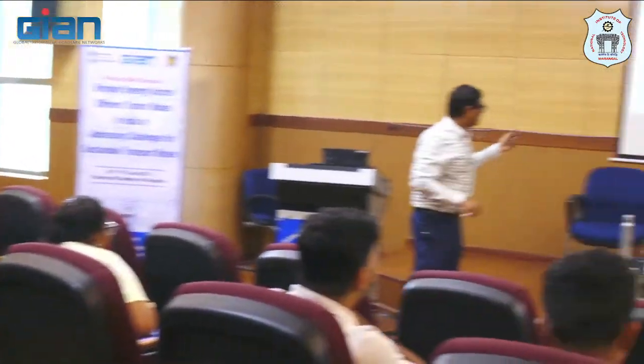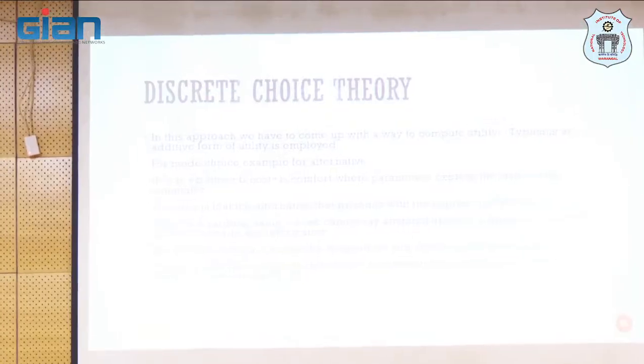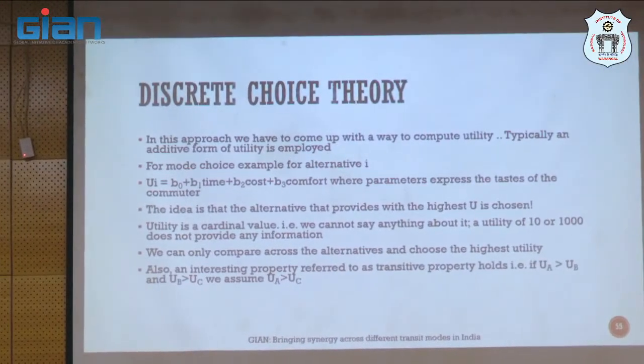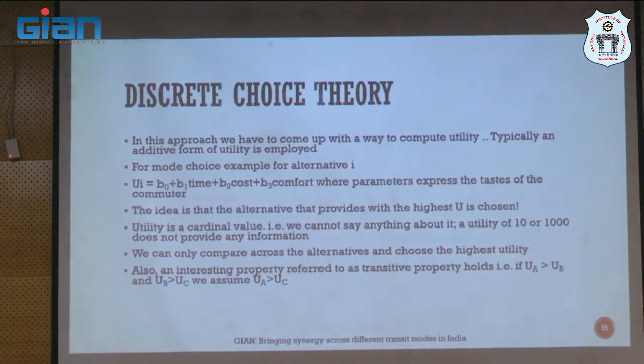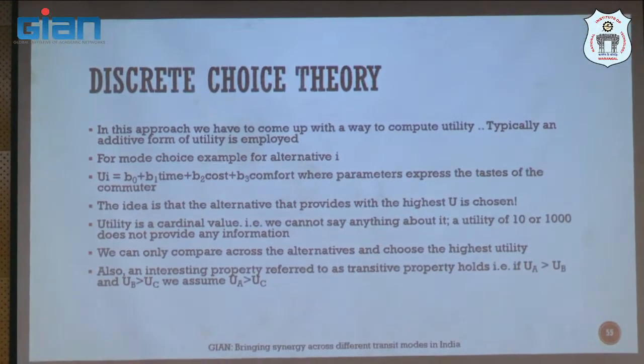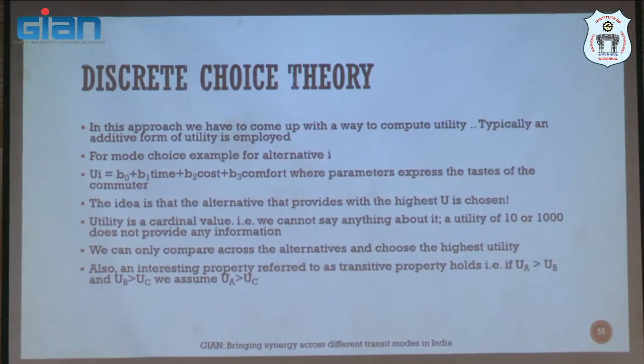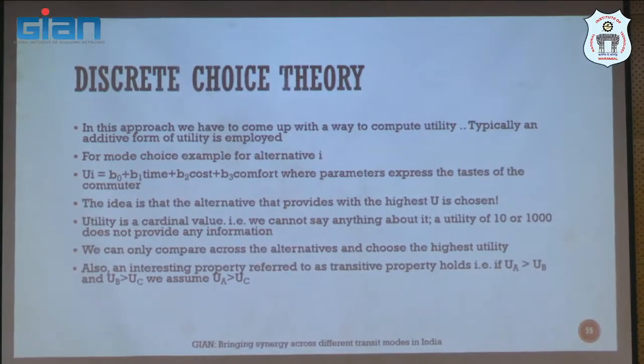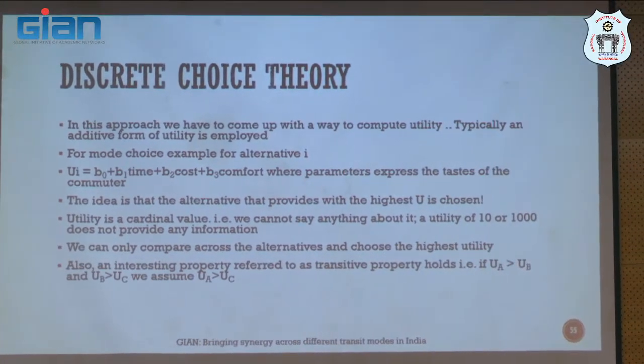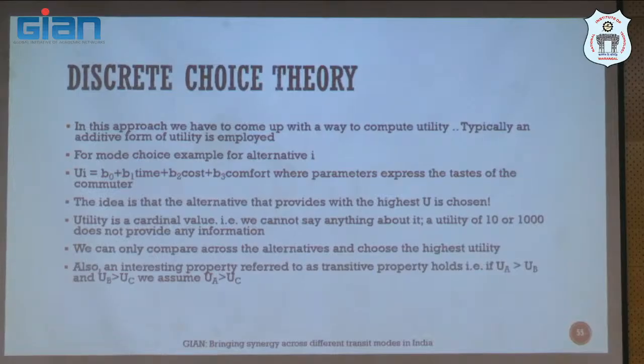One of the assumptions that we make, because of the mathematical nature of what we're trying to do, is that if you have three alternatives A, B, C, and the utility for A is greater than the utility of B, and the utility for B is greater than C, then A has to be greater than C. This seems reasonable, but there can be cases where this is violated.